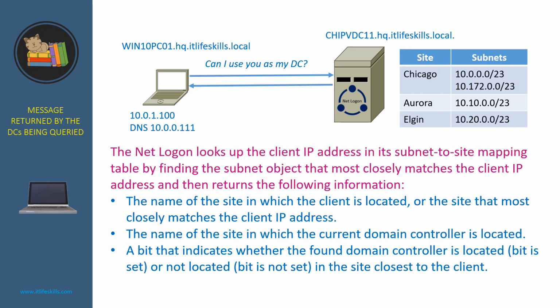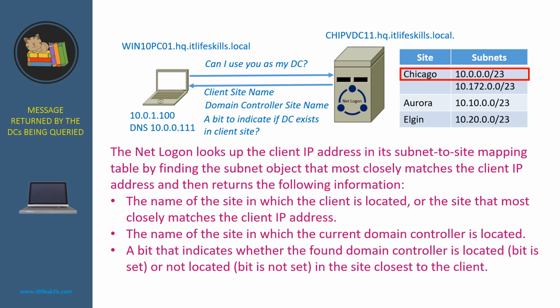The Netlogon service looks up the client IP address in its subnet to site mapping table by finding the subnet objects that most closely match the client IP address and then returns the following information: the name of the site in which the client is located, or the site that most closely matches the client IP address, the name of the site in which the current domain controller is located, and a bit that indicates whether the domain controller is located or not located in the site closest to the client.